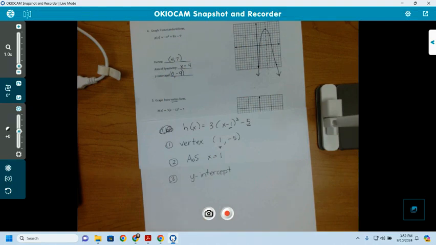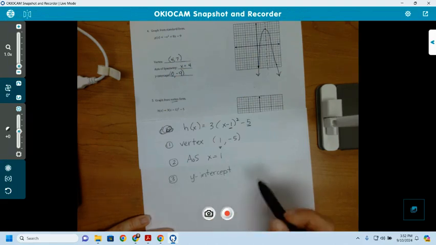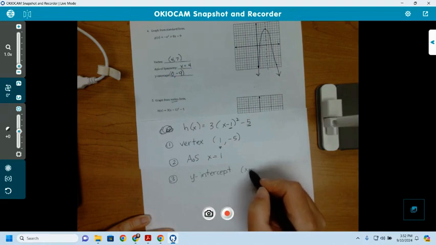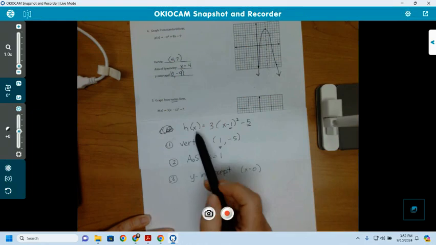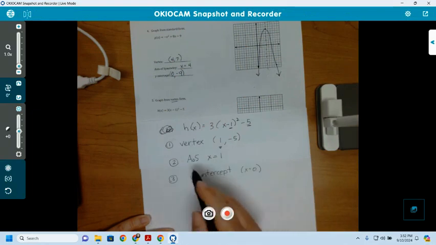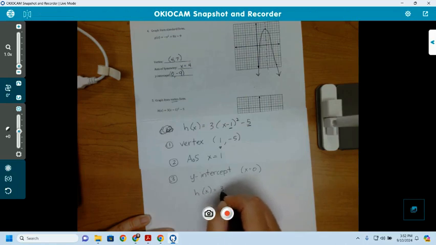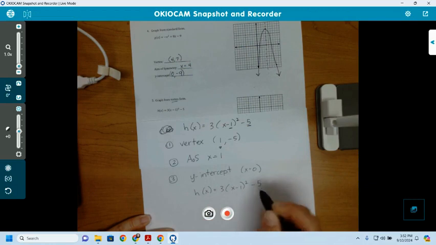Okay, number 3, we are doing the y-intercept. The y-intercept is always where x equals 0. So we're going to plug 0 into the original equation. h of x equals 3 times x minus 1 squared minus 5.